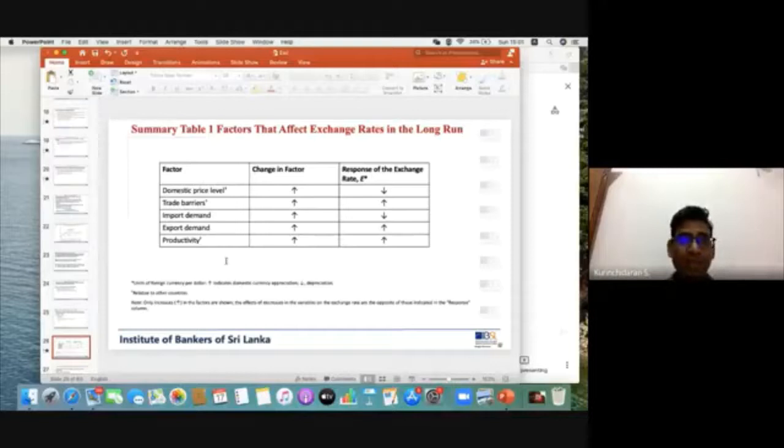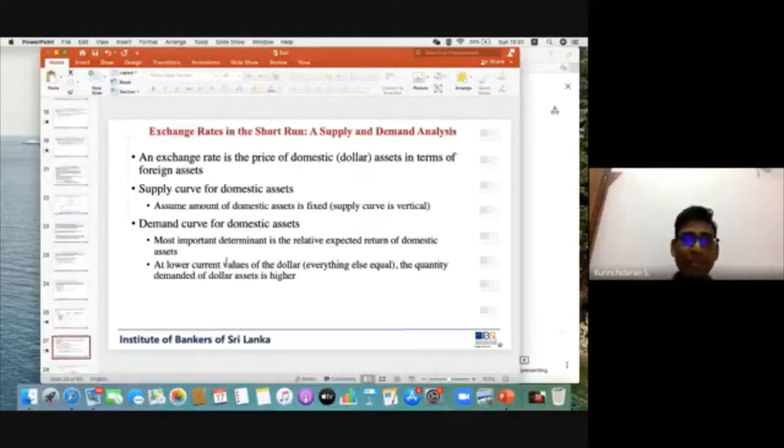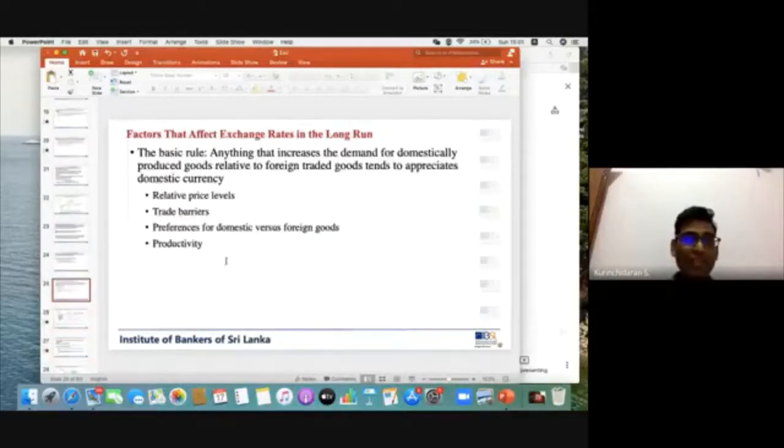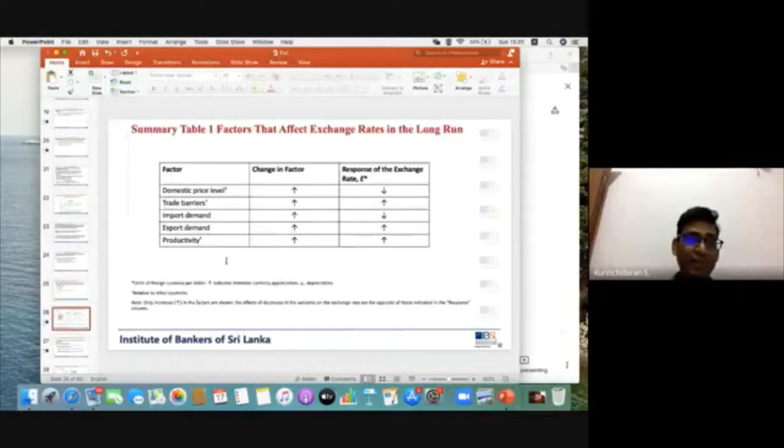Okay. Now, in the long run, we have seen what will happen to the exchange rate, due to the 5 factors we have discussed, and the relationship between these 5 factors and the exchange rate movement.